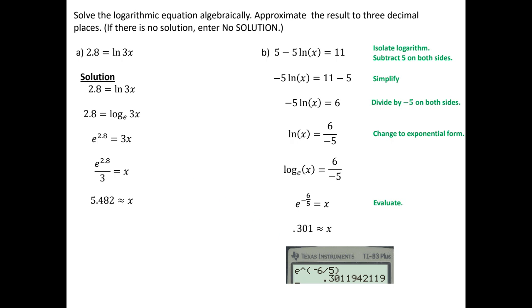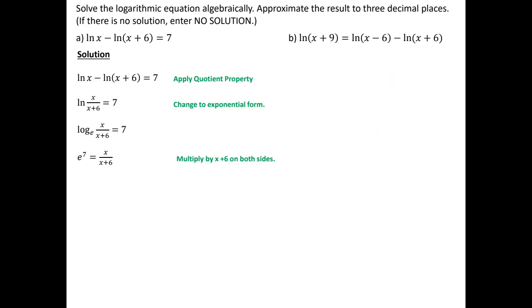So I'm going to multiply by x plus 6 on both sides, and I end up with this. And I need to somehow combine this, right? So I'm going to multiply e to the 7 into the parentheses. So I get e to the 7 times x plus e to the 7 times 6. And I'm going to put all my x's on one side. So let's put all the x's on the left side.